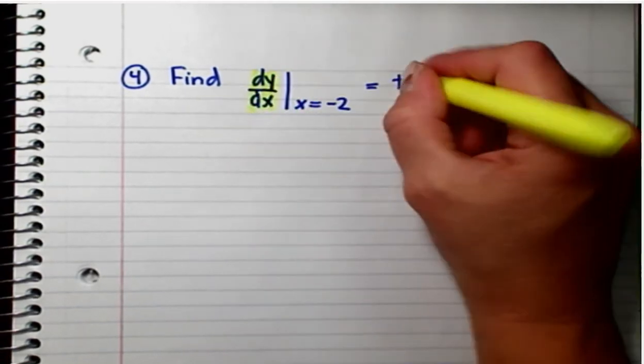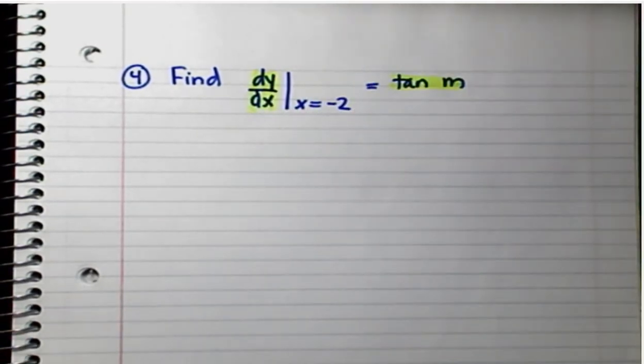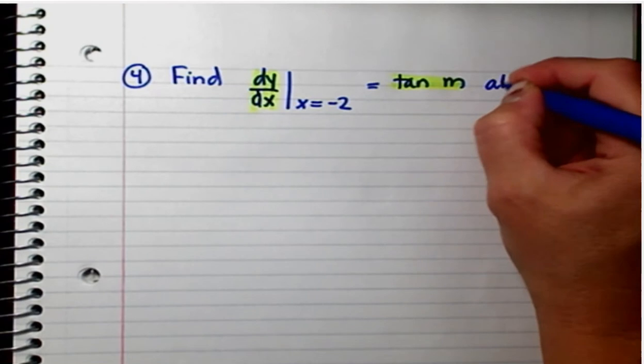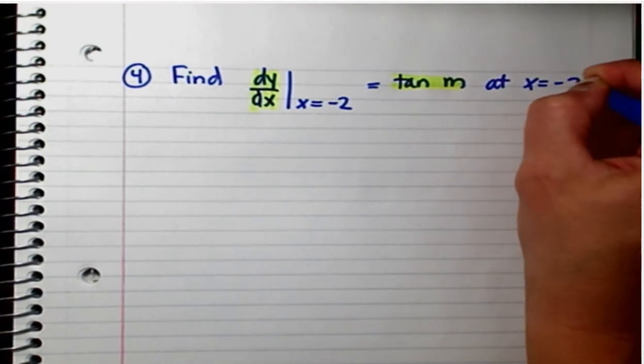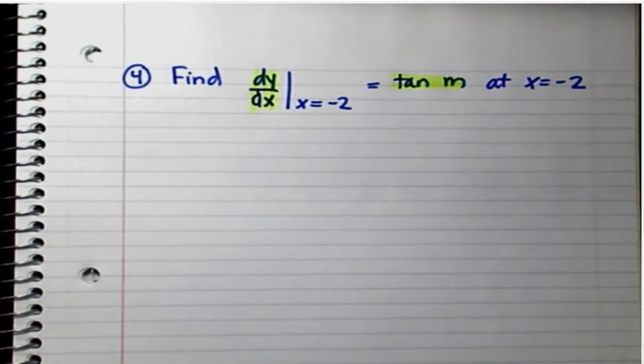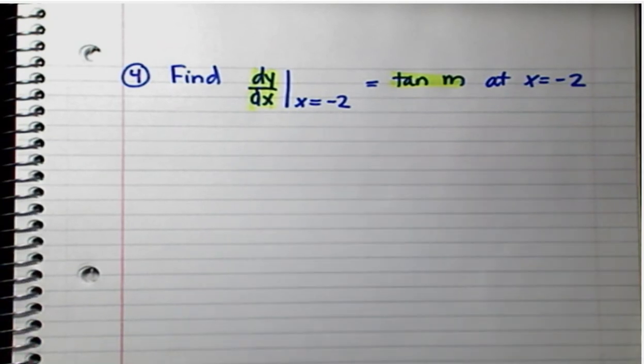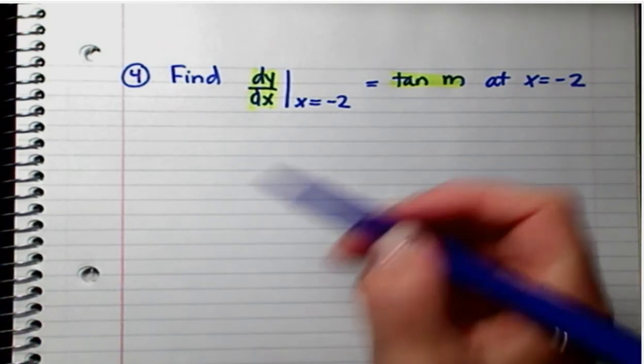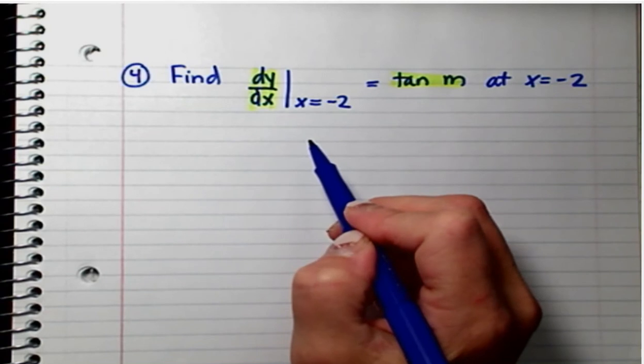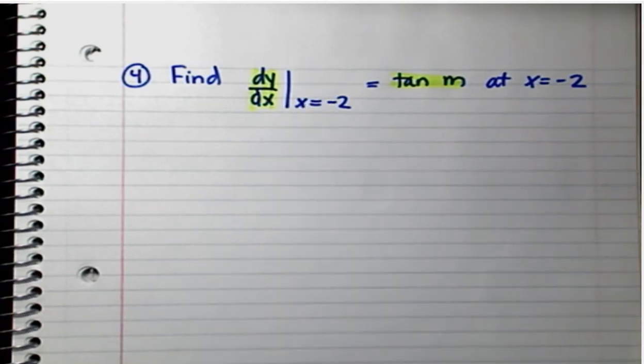This thing is tangent slope at x equals -2. So look at the parts that I'm exchanging for words that mean something graphically: find the tangent slope at x equals -2. Right? I don't have the parentheses to plug in the -2, so I just write it here. That bar just sort of stops me and says, okay, now plug in.